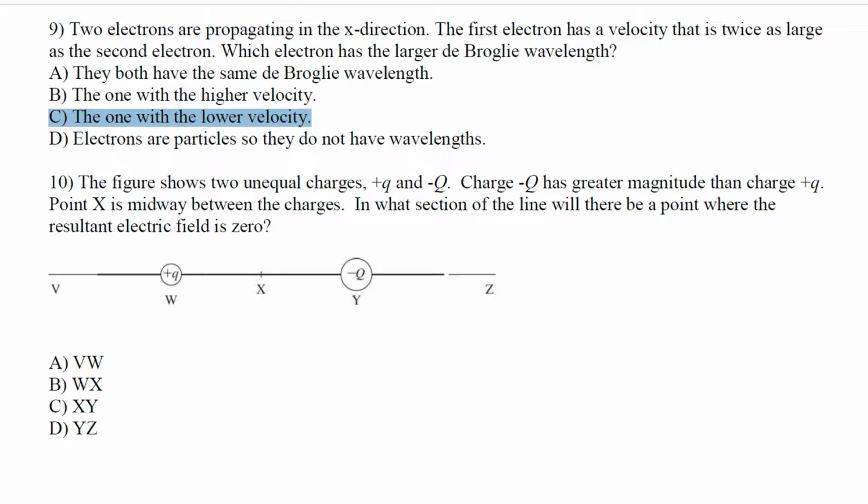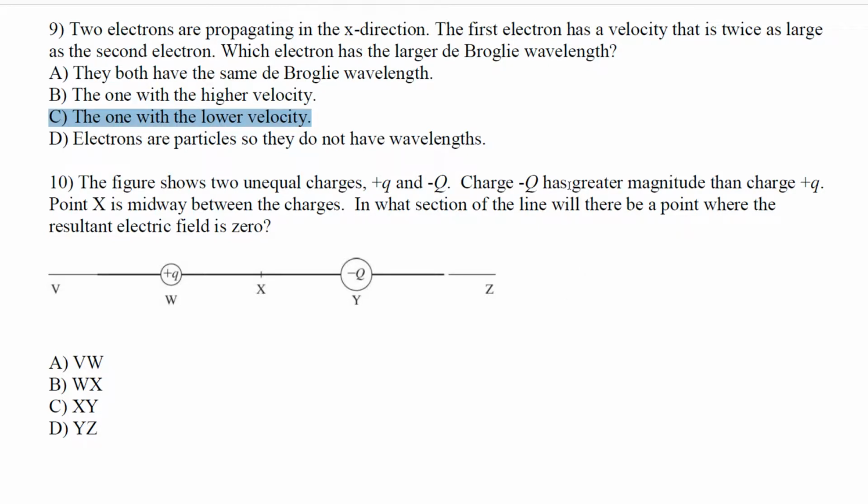Okay, let's go down to number 10. The figure shows two unequal charges. We have a charge at point W, and another charge at point Y, one positive and one negative.